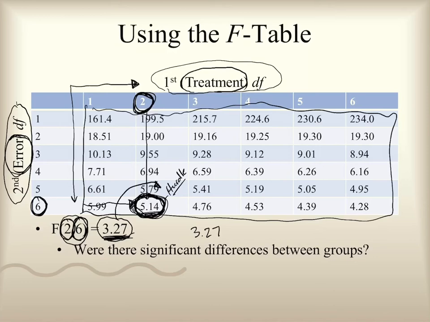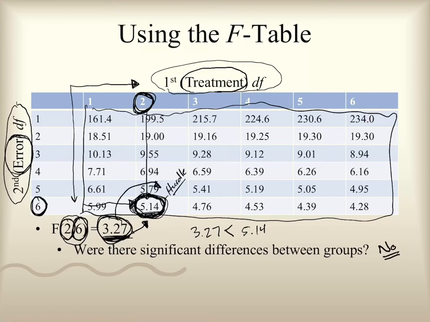So what we see is 3.27 versus 5.14. We need it to be bigger than our critical value, but it's not. It's less than. So this F is not significant. Our F value of 3.27 was not bigger than our F critical value.